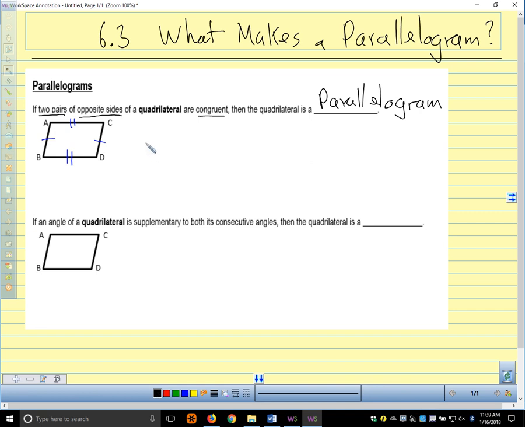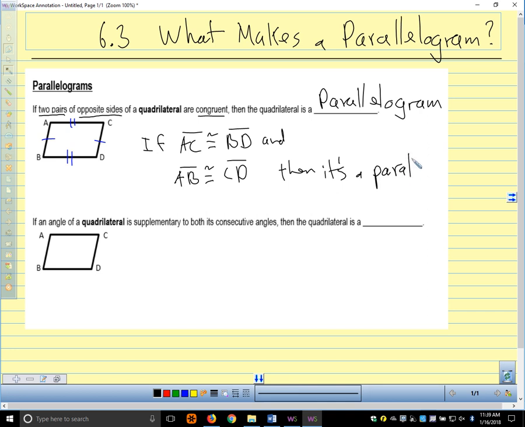So we'd say in symbols, if AC is congruent to BD and AB is congruent to CD, then it's a parallelogram. So that would let us figure out that this thing is a parallelogram.